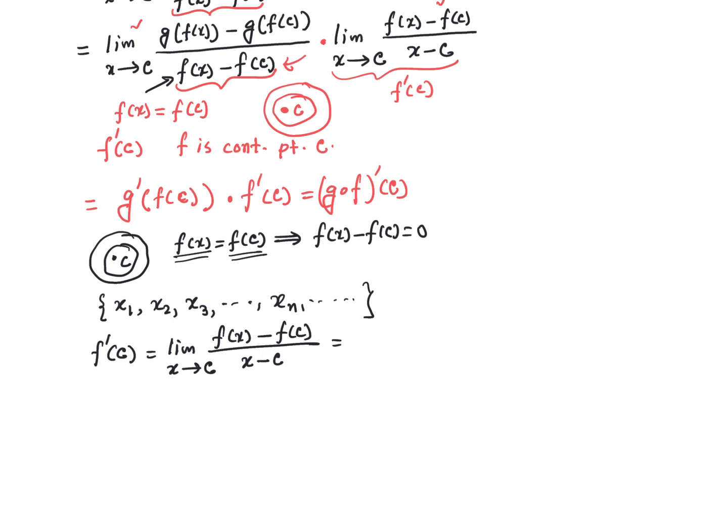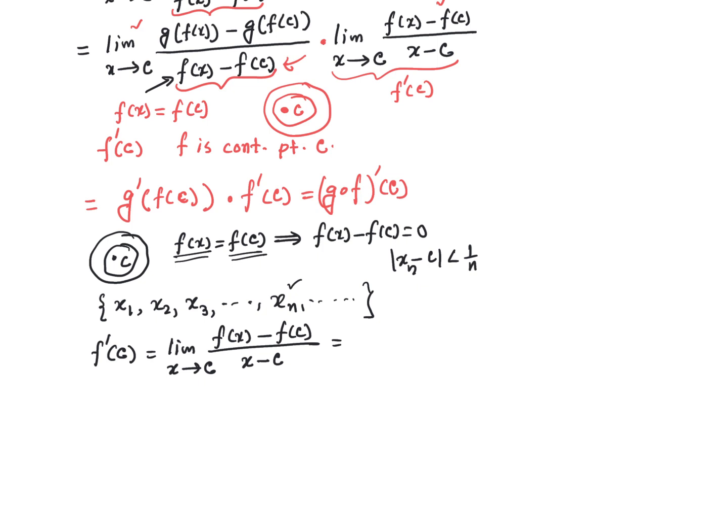Instead of x approaching C, we can make these neighborhoods as close to C as possible. For simplicity, you can think of the absolute value of x minus C being less than 1 over n, and x is going to be actually x sub n here.